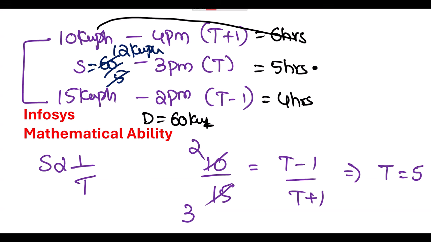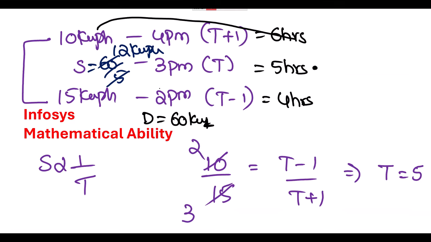You don't know the distance or the timing, but I'm considering 3 p.m. as the right time to reach home. Then 4 p.m. will be 1 hour late, and 2 p.m. will be 1 hour early. Speeds are given, I'm connecting first and last, and I got the t value, which means the correct time to reach is 5 hours. Here 1 hour late, 6 hours; here 1 hour early, 4 hours.